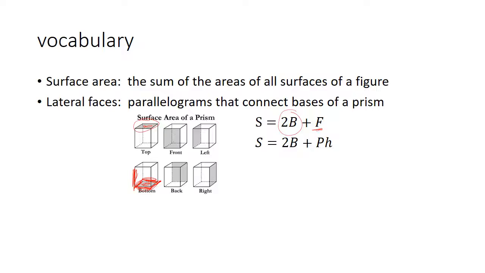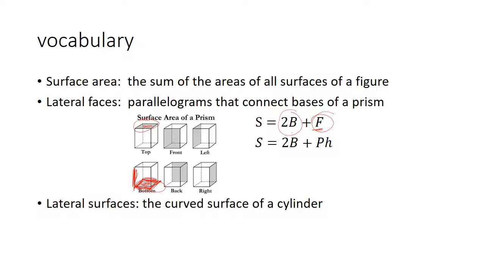That's really just the perimeter times the height. That gives you the surface area for a prism that has lateral faces, which means it's connected with parallelograms.